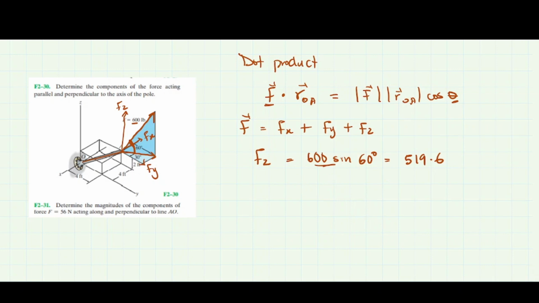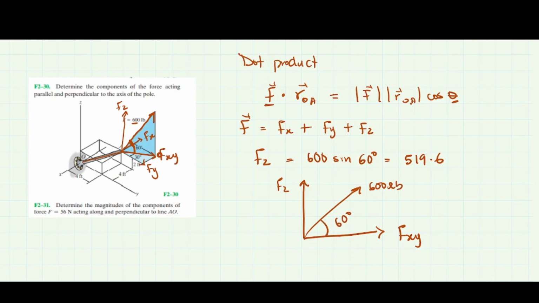Now to move on to Fx and Fy. For Fx and Fy, this is them at the bottom. However, this is the angle 30 degrees. We don't know the magnitude here, therefore we can't find what's here and what's here. So first let's find the magnitude at this position. We know this is Fz, and this point here, let's call it Fxy, and we know this is 600 pounds.